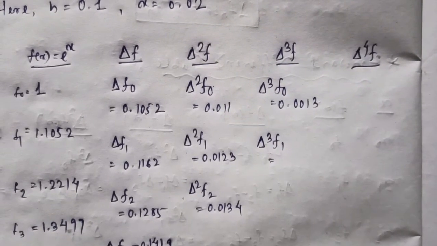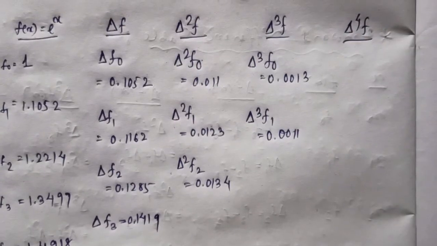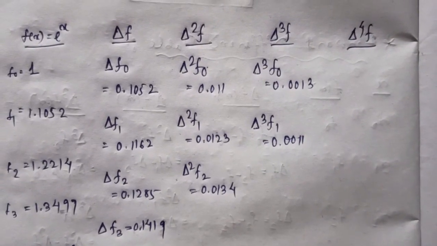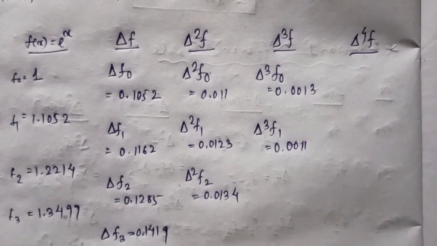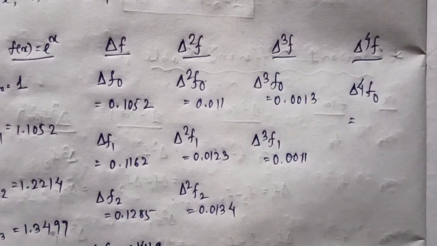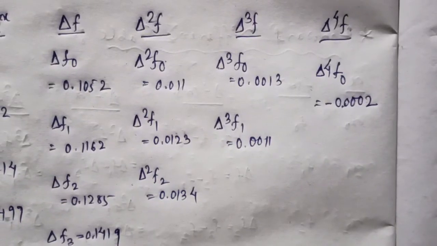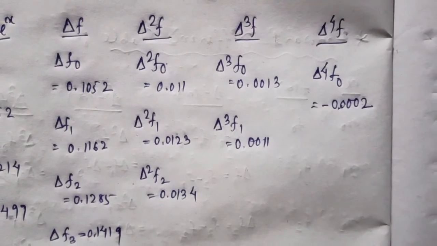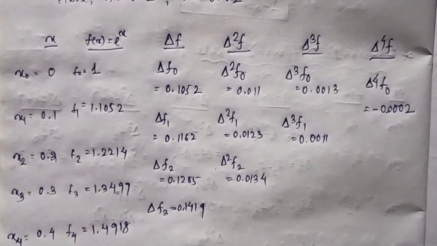Next delta cube f1, that is delta square f2 minus delta square f1, that is 0.0011. Final column delta to the power of 4 f, that is delta to the power of 4 f0, that is delta cube f1 minus delta cube f0 is equals to minus 0.0002.